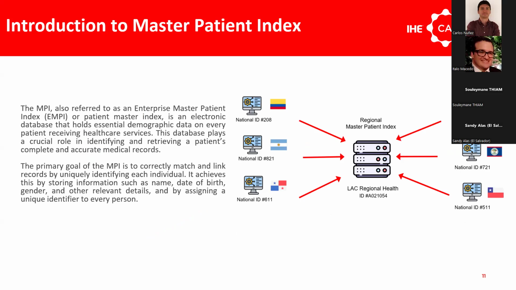It's a database that plays a crucial role in identifying and retrieving a patient's complete and accurate medical record. The primary goal of the MPI is to correctly match and link records by uniquely identifying each individual. It achieves this by storing information such as the name, the date of birth, the gender, and other relevant details, and by assigning a unique identifier to every person.